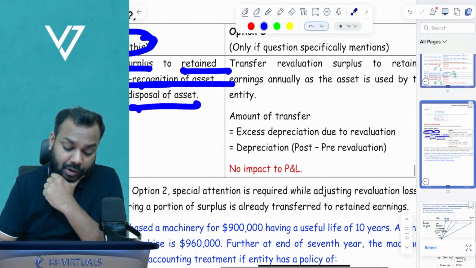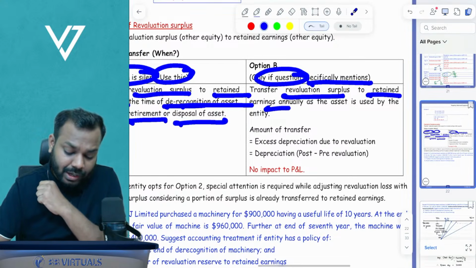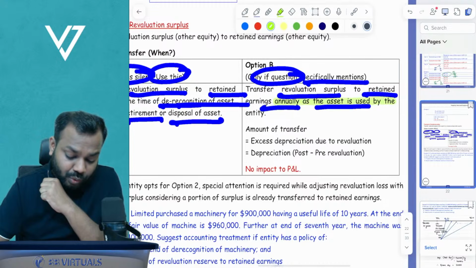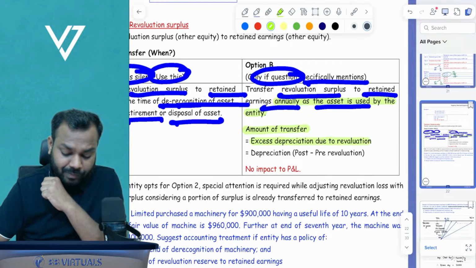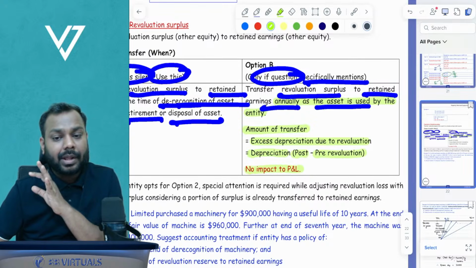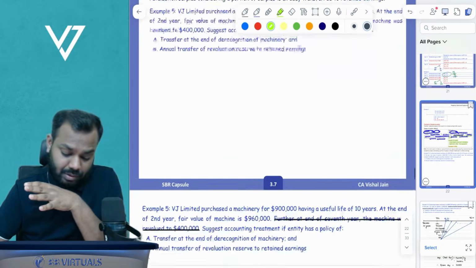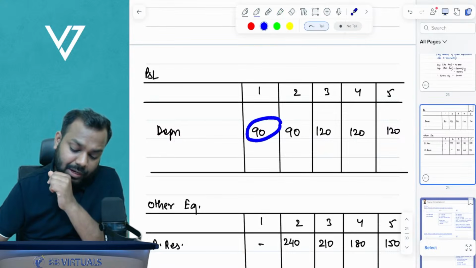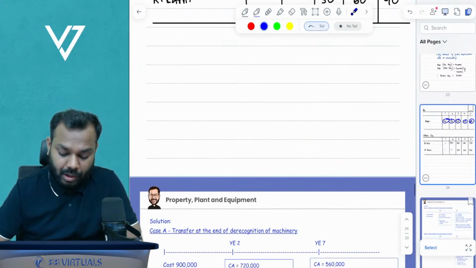Only if the question specifically mentions transfer to retained earnings annually as the asset is being used by the entity, the amount of transfer is excess depreciation due to revaluation, that is depreciation post revaluation minus pre revaluation. No impact on P&L. P&L will continue to record depreciation as it is. I believe it is very much clear.